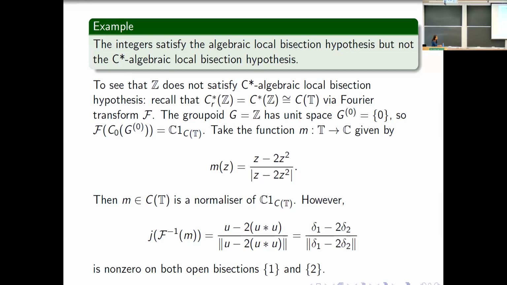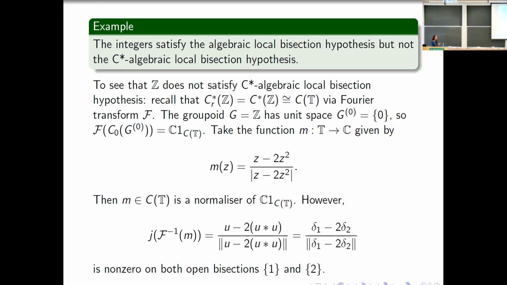But as we can see here, when I look into the support of this element coming from my normalizer, it's actually supported on both 1 and 2. Yeah, so that's how it failed the C-star algebraic local bisection hypothesis.